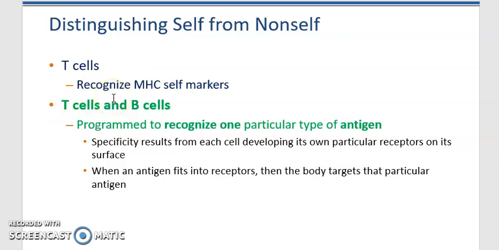And MHC complex number 2 is the type of MHC complex that an antigen presenting cell can display, where it has both the self marker, so the ID tag, along with the antigen attached to it, so that that T cell can recognize what specific antigen is invading the body.